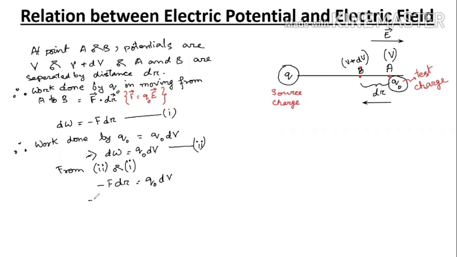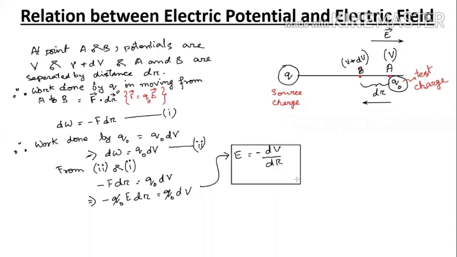Okay, so when you replace this f value, which is nothing but Q naught E, you get Q naught E dr and Q naught dV. So Q naught gets cancelled. So you have this relation as E equals minus dV by dr. Okay, so this is the relation between electric field and the electric potential.